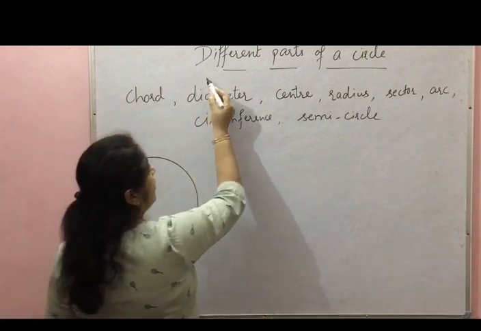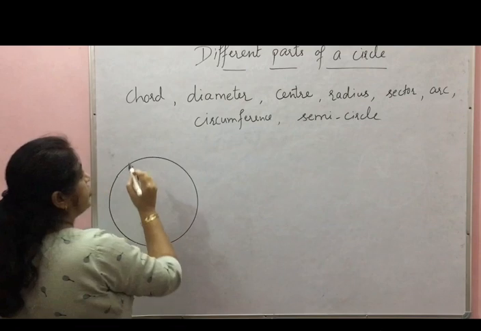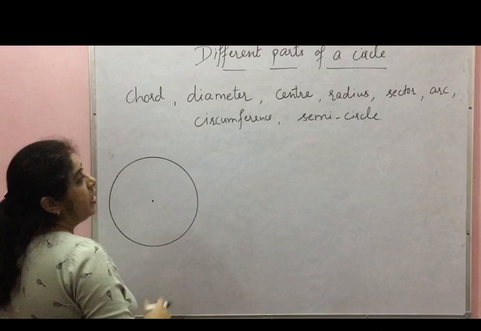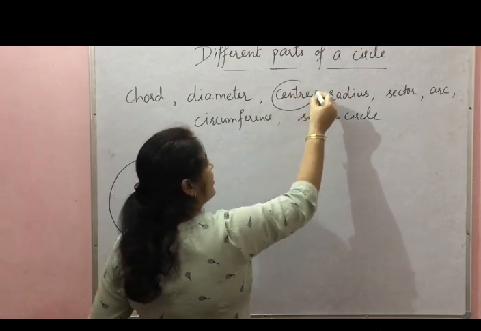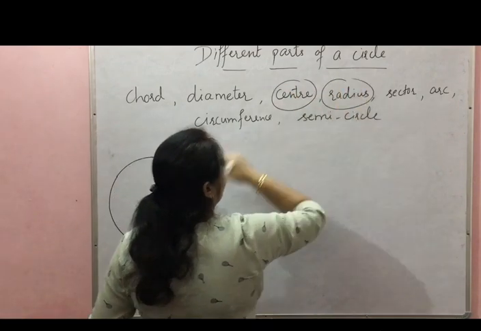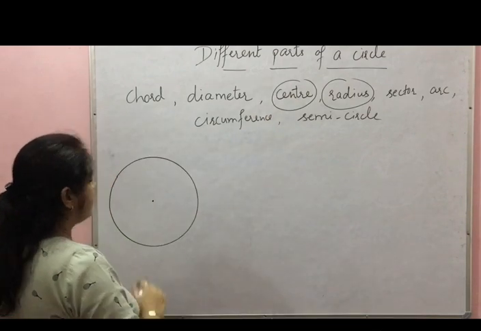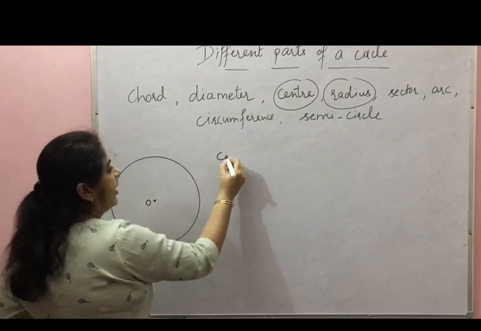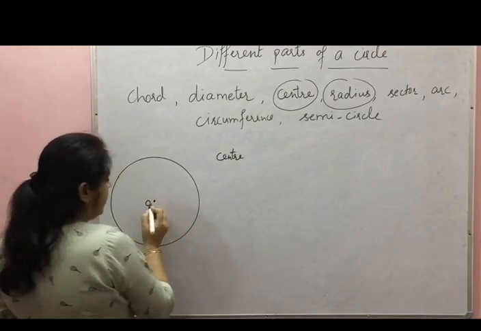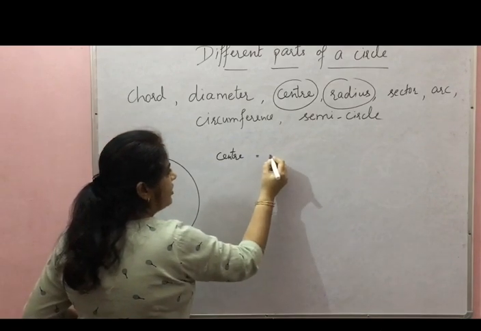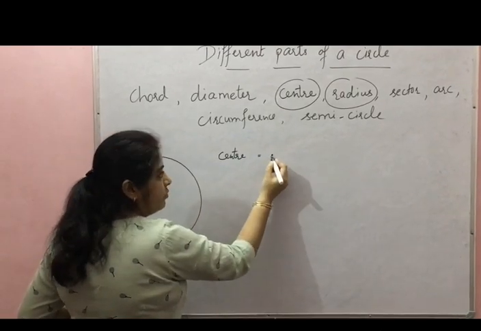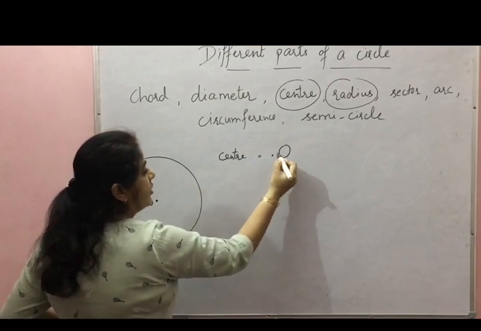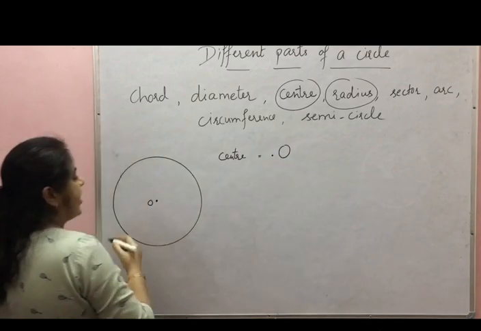Now we will go with the different parts of a circle. Students, we will discuss one by one the different parts of a circle. We have already discussed what the center and the radius are when we were defining a circle. This fixed point is called your center. When we have to name it, we mention this point by its name, O. So the center point O is called the center.